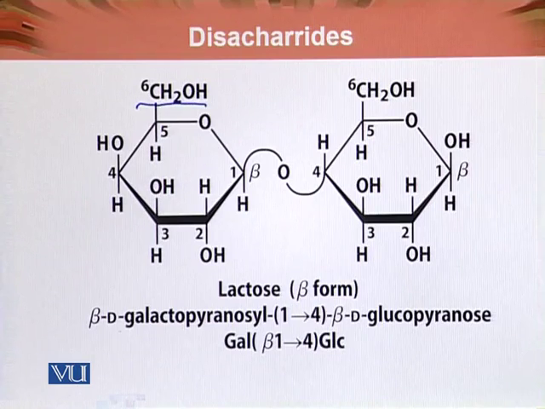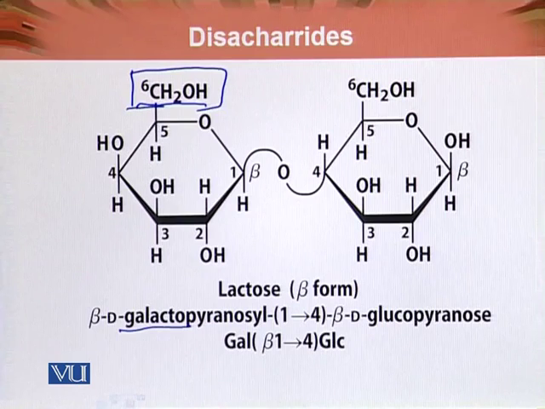When this galactose molecule has carbon number 6 in a cis position with the OH. If the OH is on the same plane as carbon atom number 6, it is called cis position and designated as beta. So this galactose is beta D galactose, and if it has a pyran ring, it is called beta D galactopyranoside. It will be attached to beta D glucose.